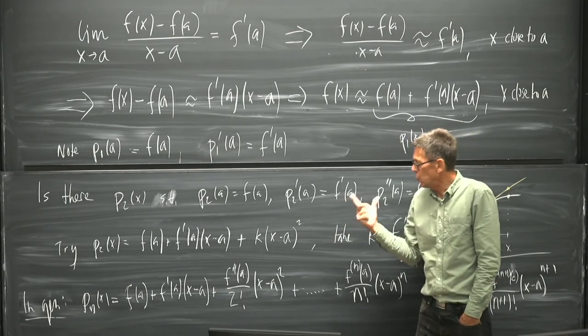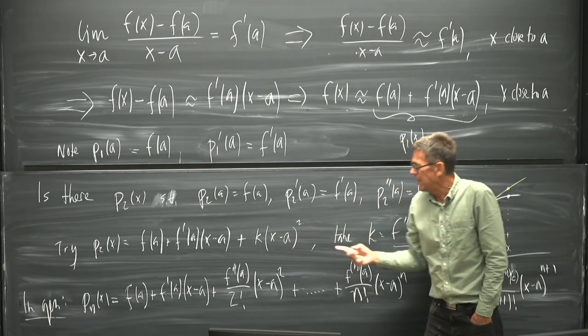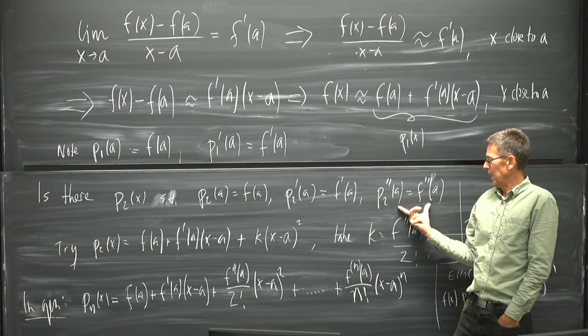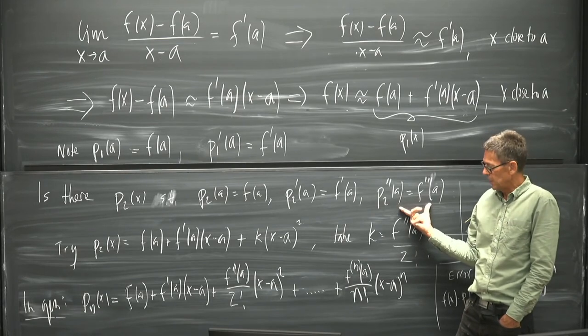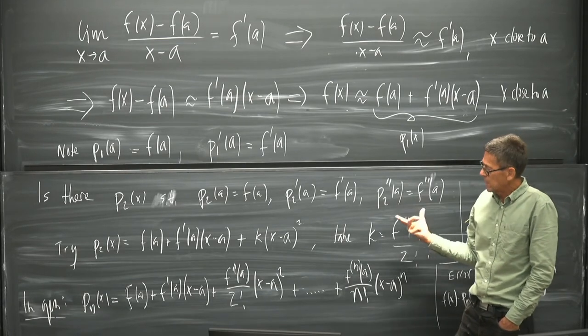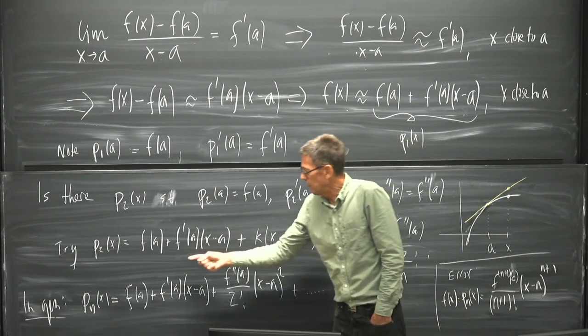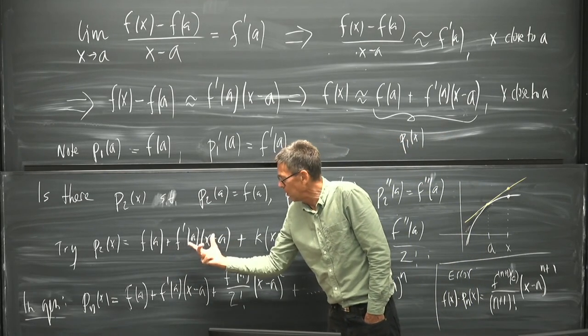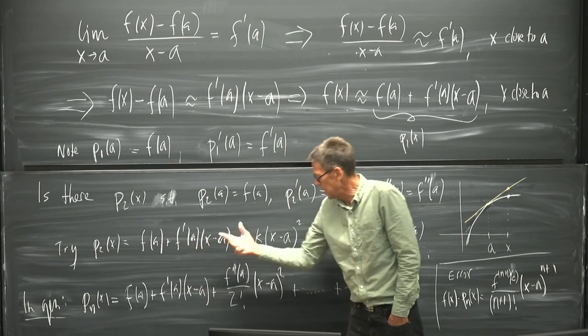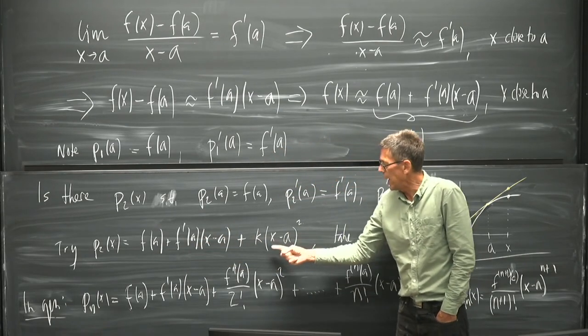So how should we choose k in order to get this last condition fulfilled as well? Well, let's try and differentiate this polynomial twice. If we differentiate this polynomial twice, then this disappears and this disappears, and we get 2k here.